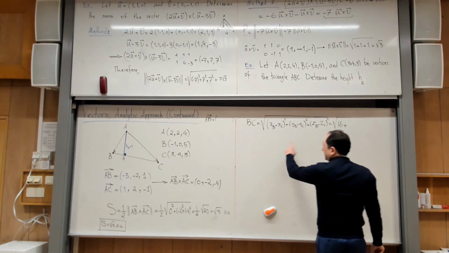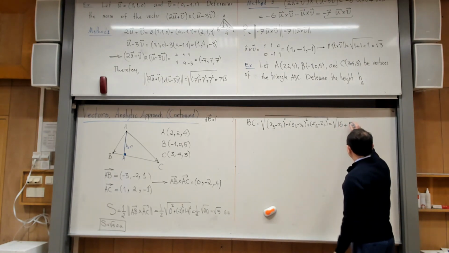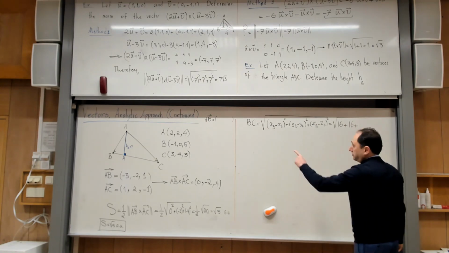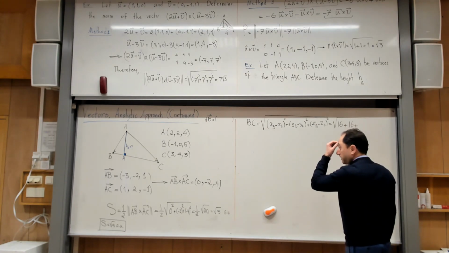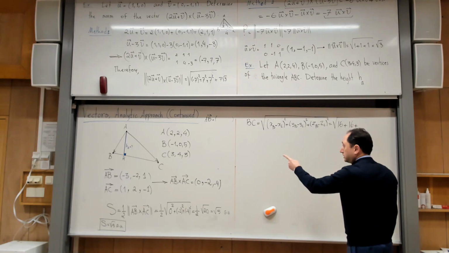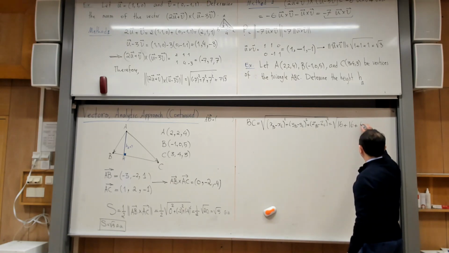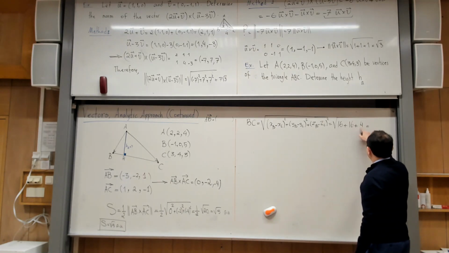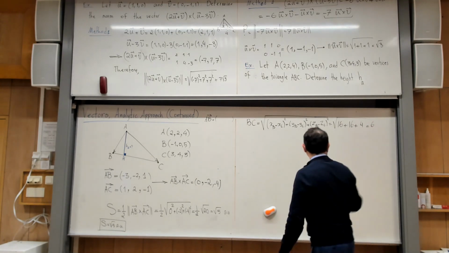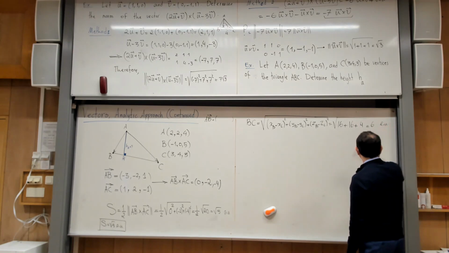The difference between y coordinates is 4 squared, 16 again. The difference between z coordinates is 2 squared is 4. So this becomes 36, it becomes 6. So BC is the 6 length units.